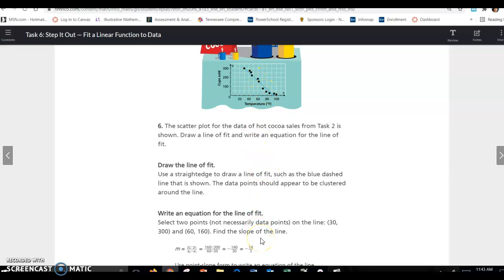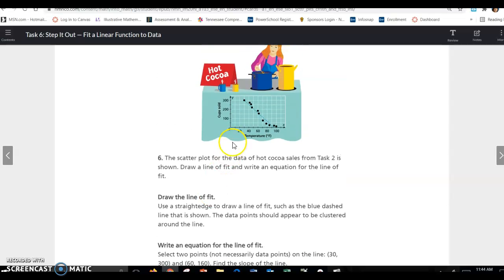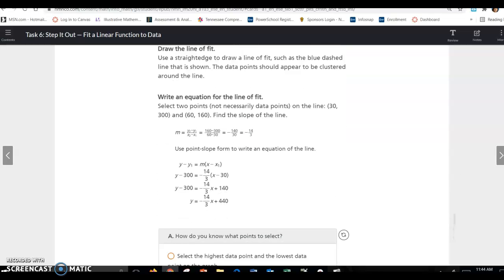Remember, slope is rise over run, or your difference of y's over your difference of x's. Now, the 2 points you choose, it doesn't matter. You can choose any 2 points from this set of data. It's good to choose points that fall on an intersection here on the graph because you know those are exact points. But if you remember, there was a table of values in task 2 that you could use those exact points from there as well.